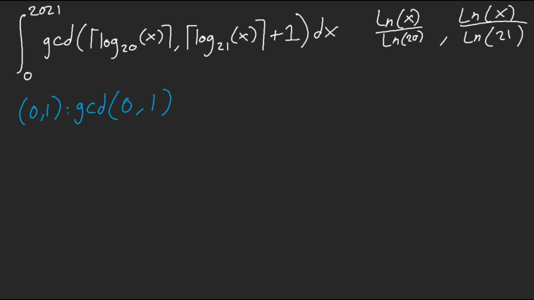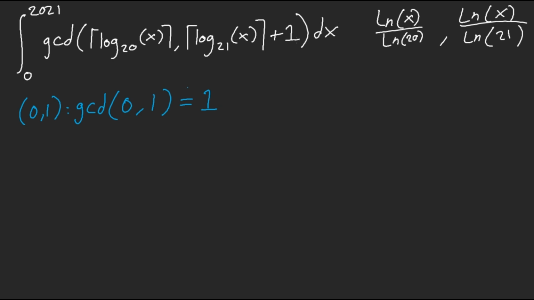It's a negative number. And so of course at the interval from 0 to 1, it's a negative number. But because of this ceiling function here, it rounds it upwards. And so because of that, it's going to give us 0 instead of negative 1. So we end up with 0 and then 0 plus 1. Don't forget about that plus 1 here. So GCD of 0, 1 is equal to 1.